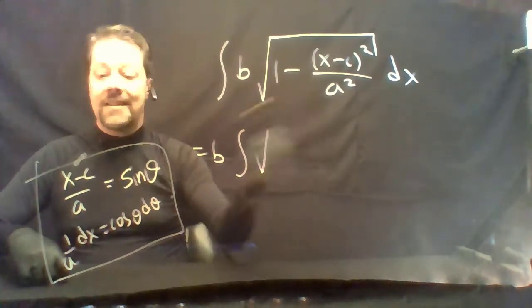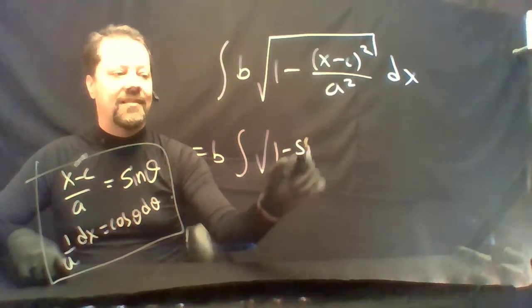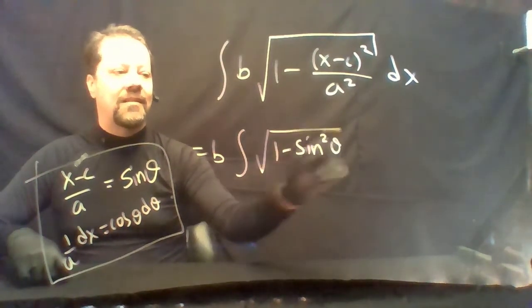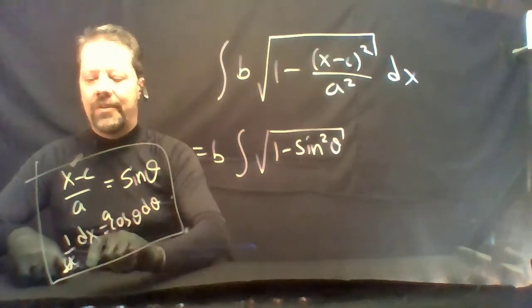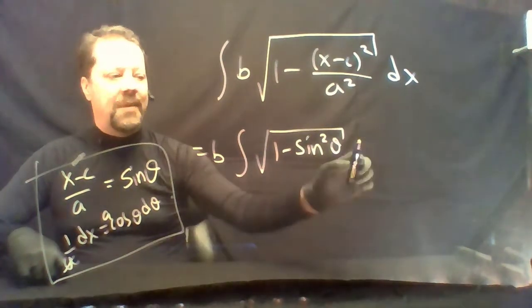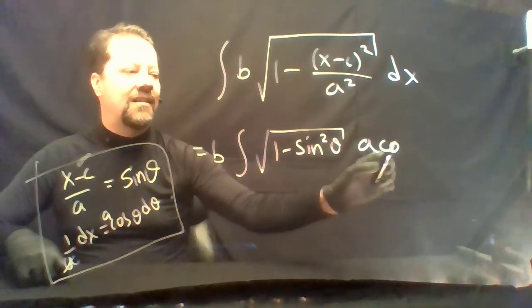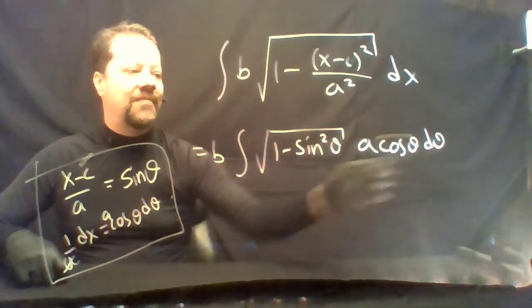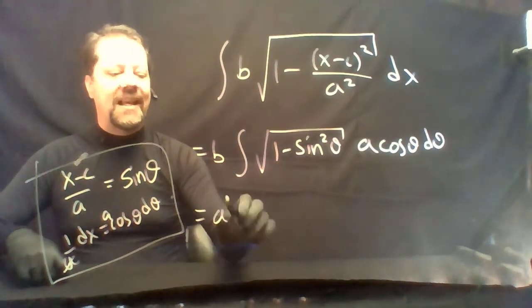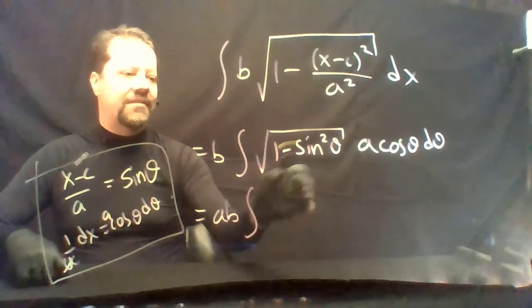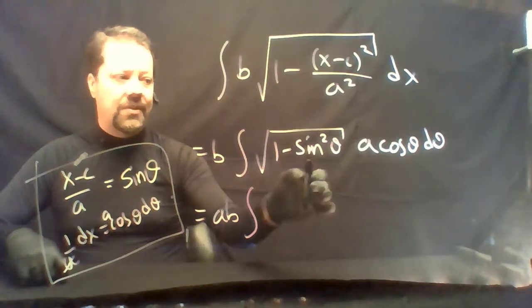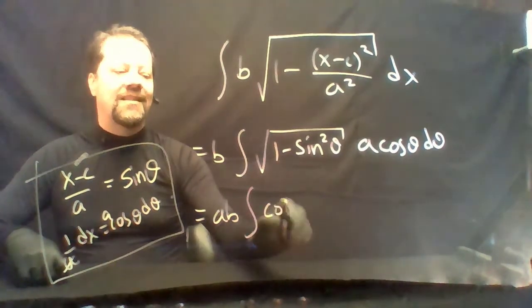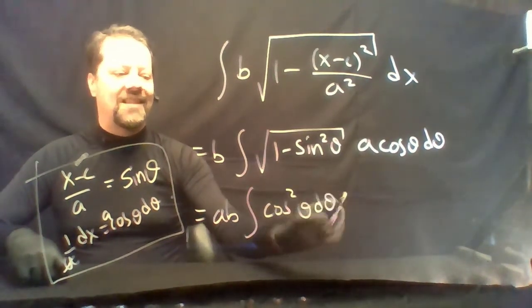We'll have 1 minus sine squared theta. This a doesn't appear here, so we'll have to move it over. dx will be replaced by a cosine theta d theta. So the a comes out, and we get ab, the integral of 1 minus sine squared is cosine squared, square root is cosine, times cosine is cosine squared theta.